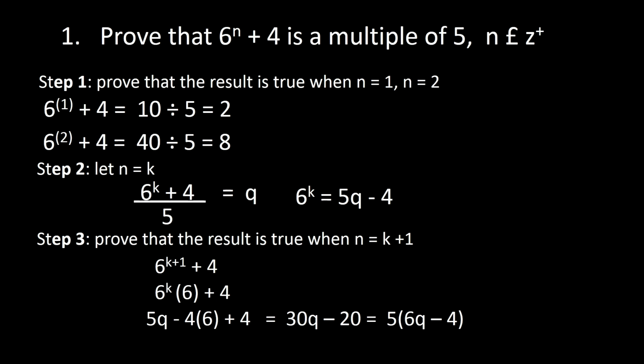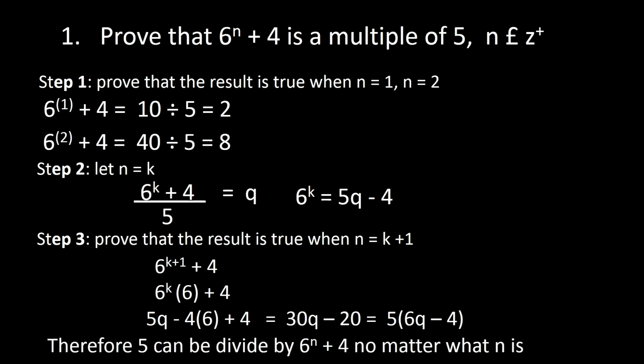If we factorize it, 5 is a factor of both terms in 30q minus 20. So it will be 5 into 6q minus 4. We are going to say, therefore, 5 can divide 6 raised to the power n plus 4, no matter what n is. So I believe by this you should understand.